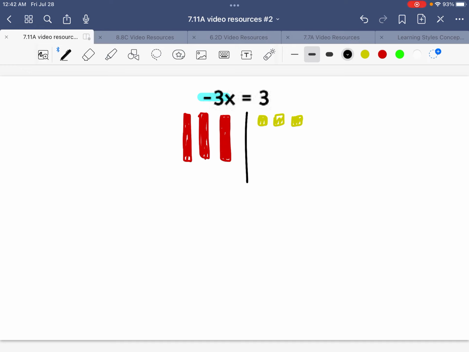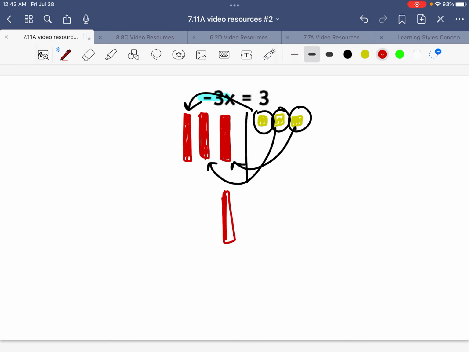So similar to the last example, I notice that I can share those 3 positive yellows equally with each negative x, which I can then represent on my board by saying 1 negative x is equivalent to 1 positive 3.